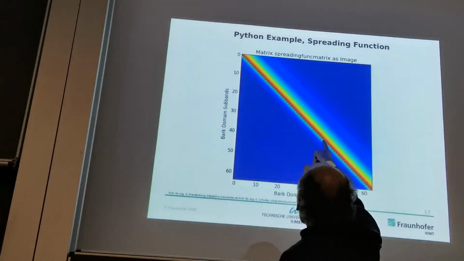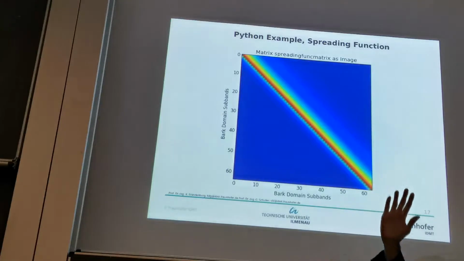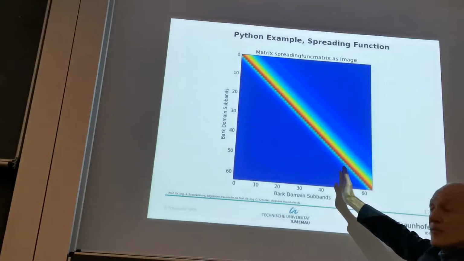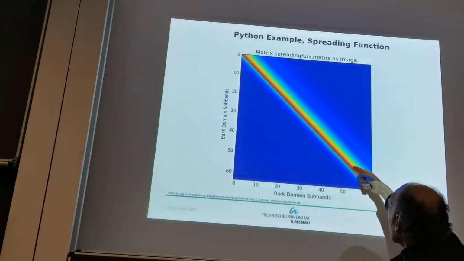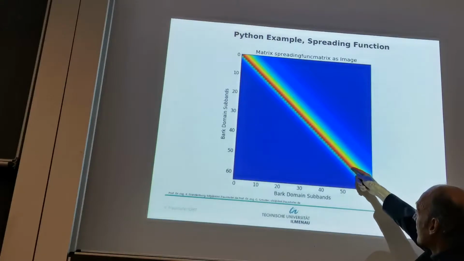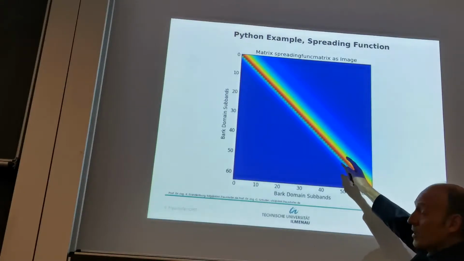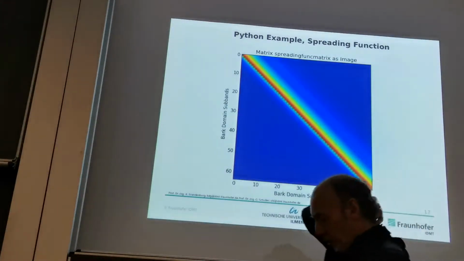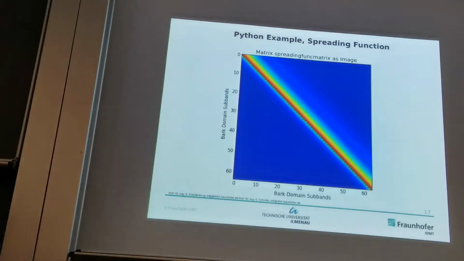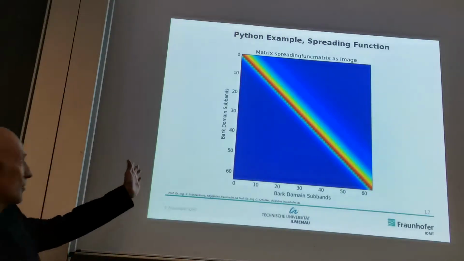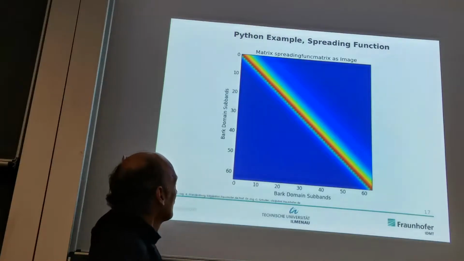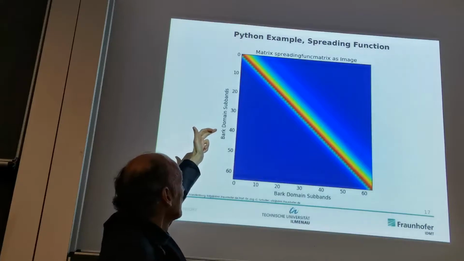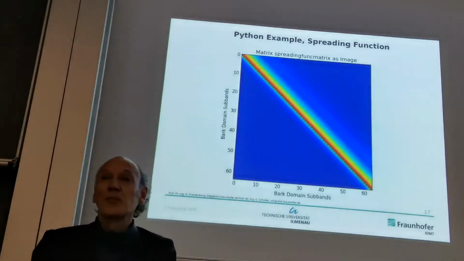These colorful lines are the shifted spreading functions, so each column is a spreading function. You can see this is the center, then you have a steep decay here and a slow decay there. It's the other way around because when you multiply from the left-hand side with the subbands, it basically comes from the convolution.